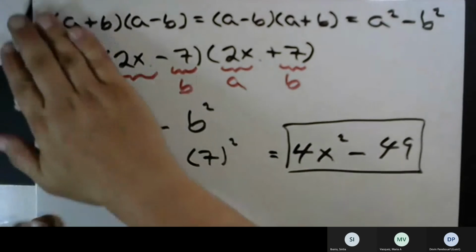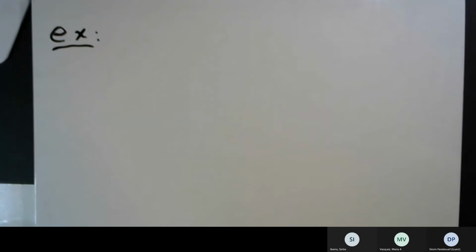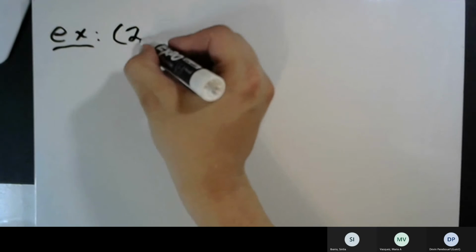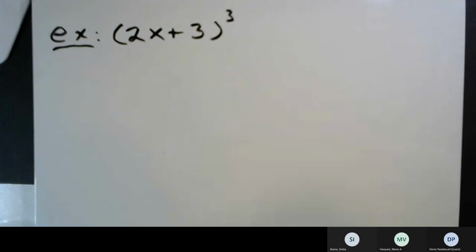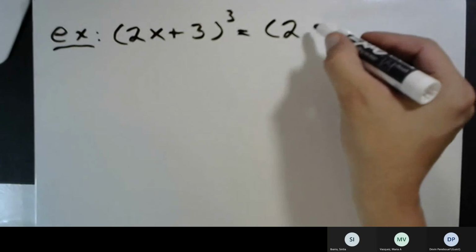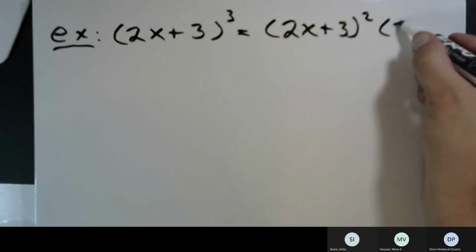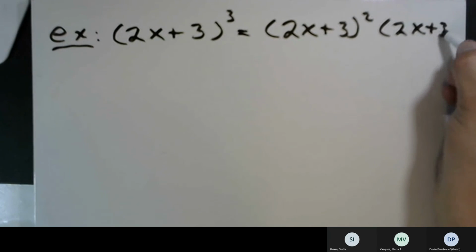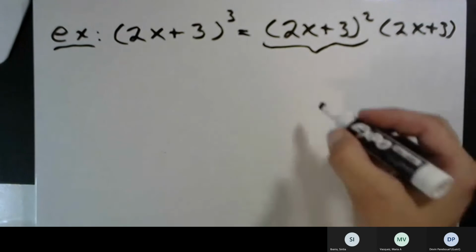Just kind of a question I want to point out. If you encounter something like this, you could rewrite this as 2x plus 3 squared times 2x plus 3. And then compute this first.